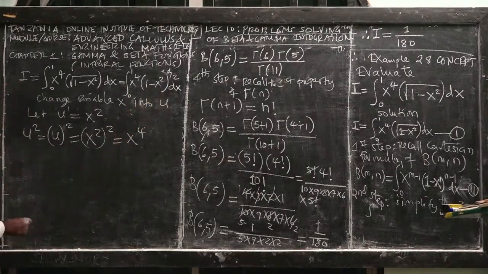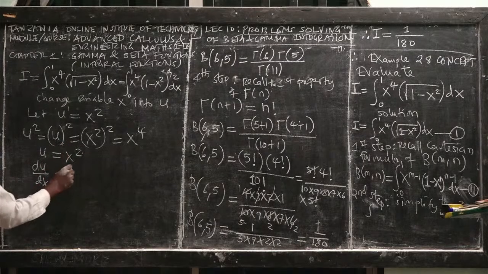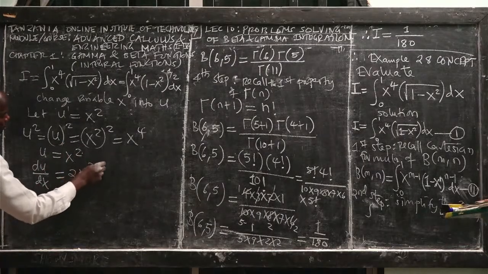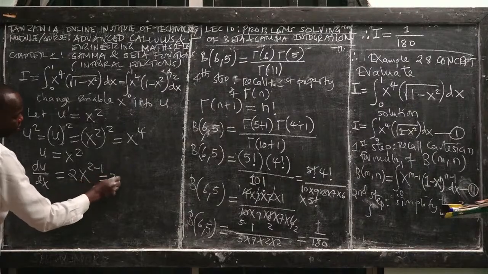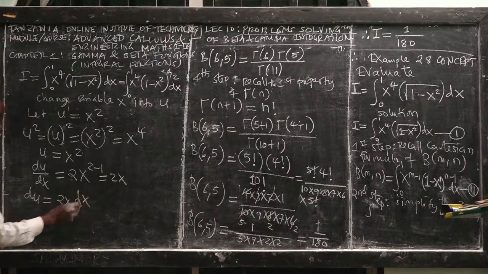Dx. So we have let u is equal to x square. Then let us differentiate u with respect to x. The 2 comes down, 2x power 2 minus 1, and this is equal to 2x. So du is equal to twice x when you multiply by dx both sides.